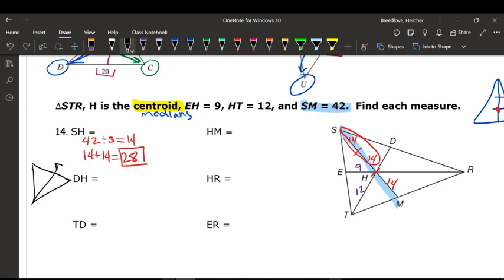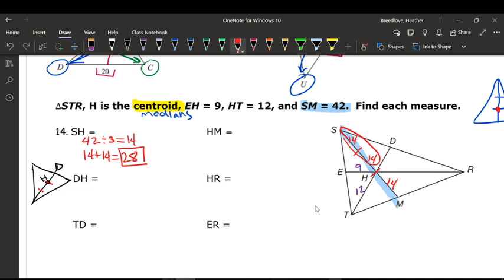This is D, and H is the centroid, right here. So if I split it into 3 pieces, like I do all of the medians, the centroid is where 1 section is on the flat side, and then the pointy end gets 2 sections. So there's 3 pieces.